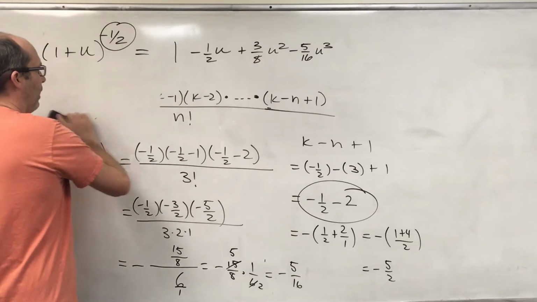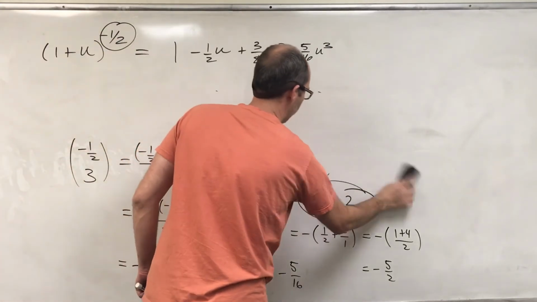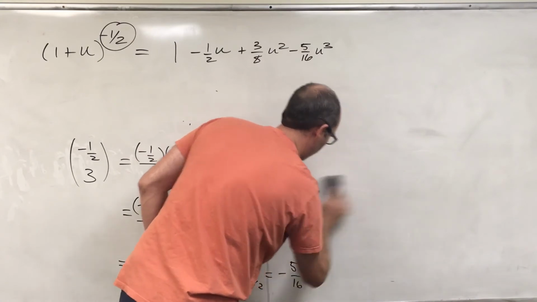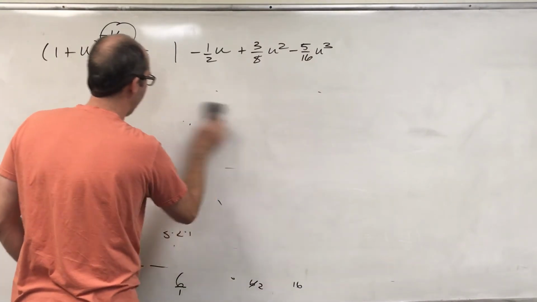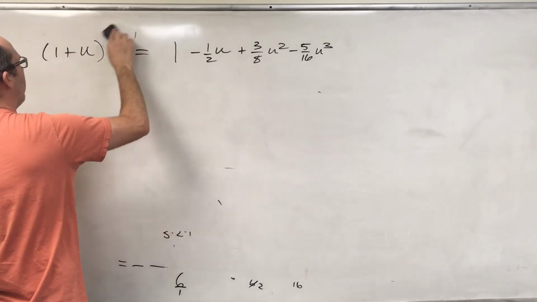All right, so we've got this thing now. We found that 1 plus u to the negative a half is this thing.